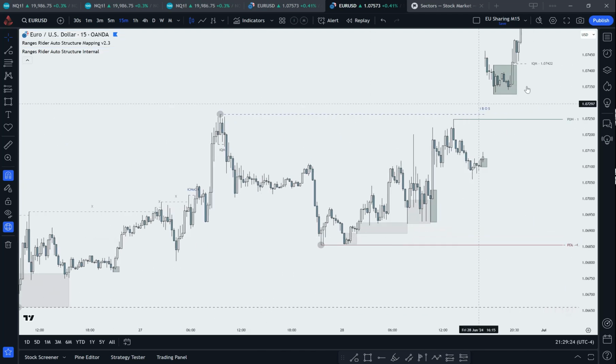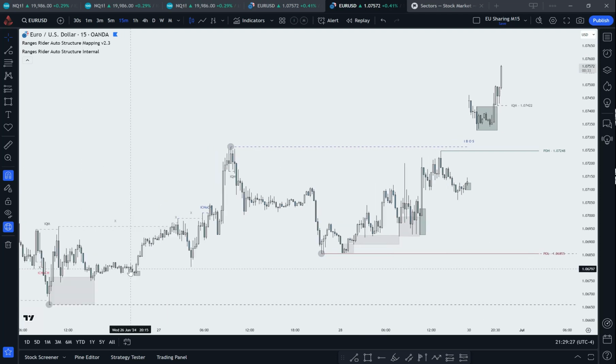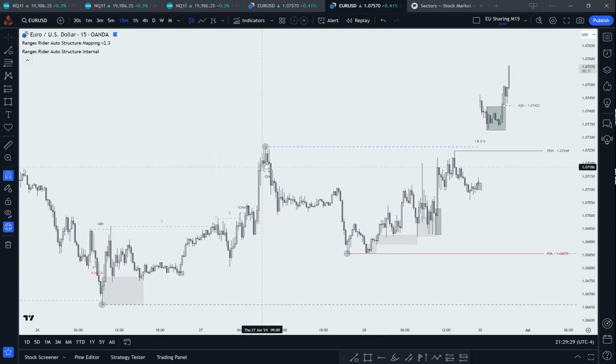And now we can see that we have the bullish ranges from here to here. And then we got another break of structure today, right?